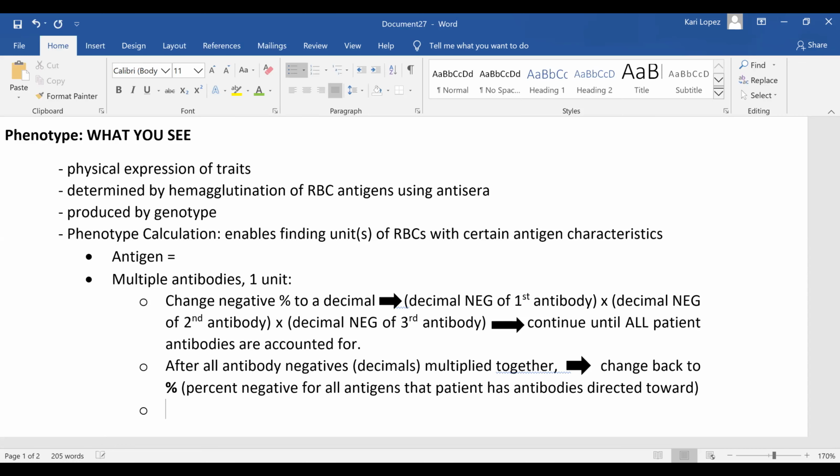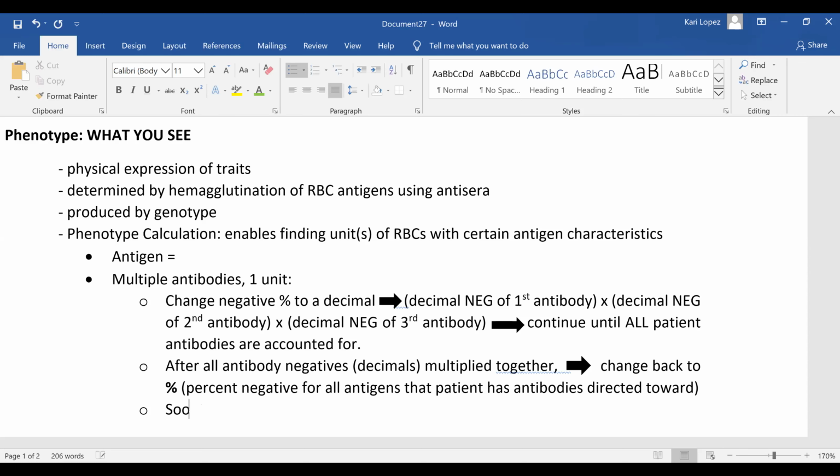That's it. Let me see if it was a decimal with it. Percent. I think it's divided by 10.